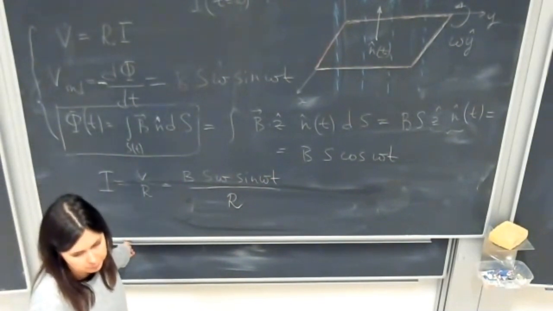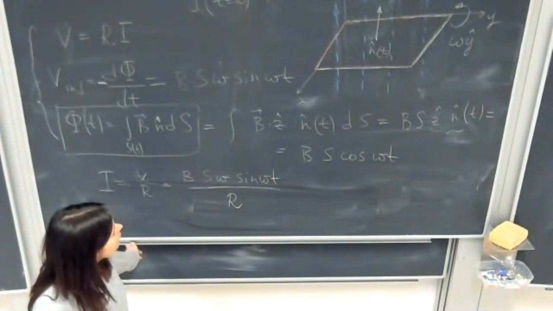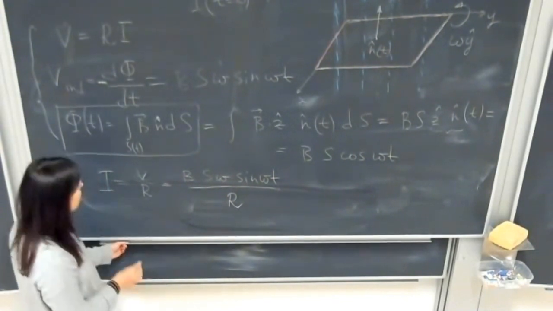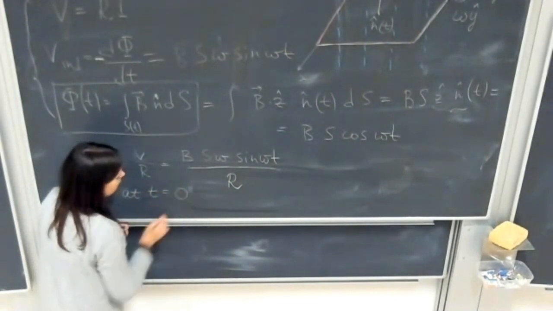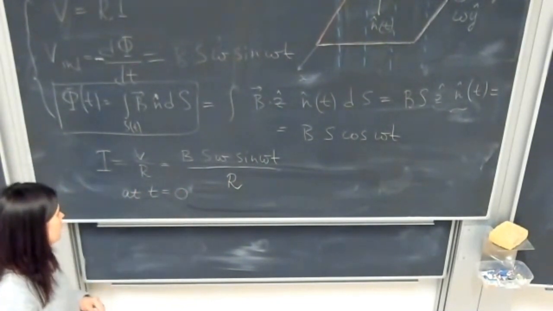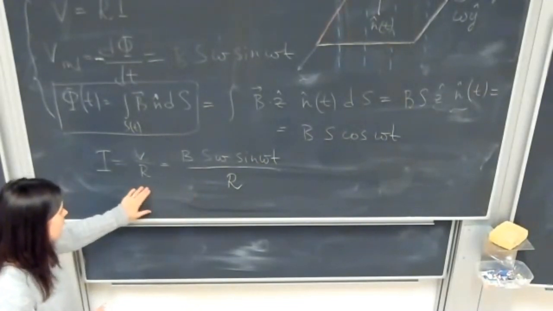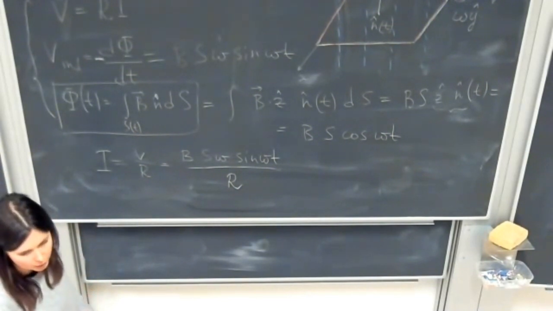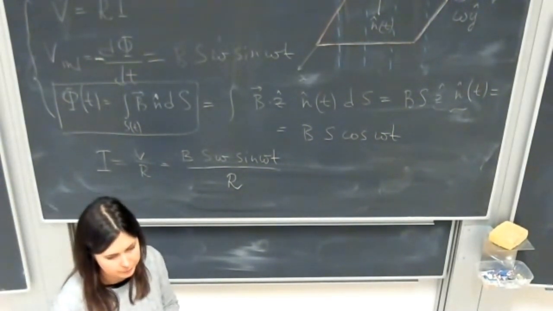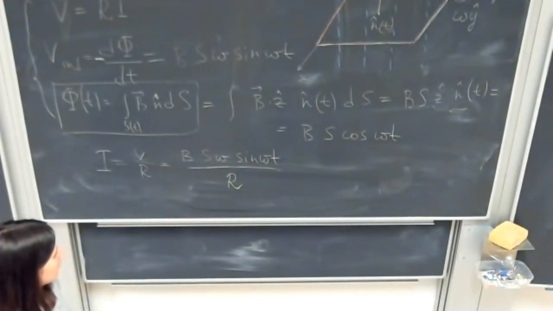So that's the solution for the current flowing, which would flow at time t. So it would be the general solution, but at time 0, the sine would become 1.